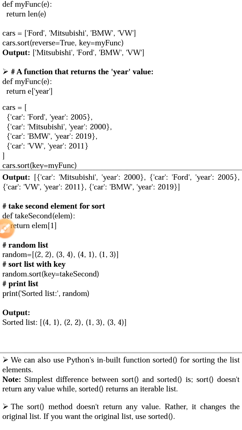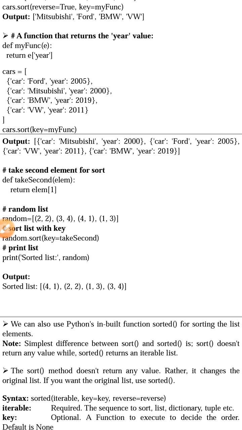Similarly, in the next example, my function is taking a parameter and based on year, it is sorting all the elements. When I call the sort function on the cars object and if I assign key equal to my function, as per our list elements, 2000 is the lowest value, afterwards 2005, afterwards 2011, then finally 2019.